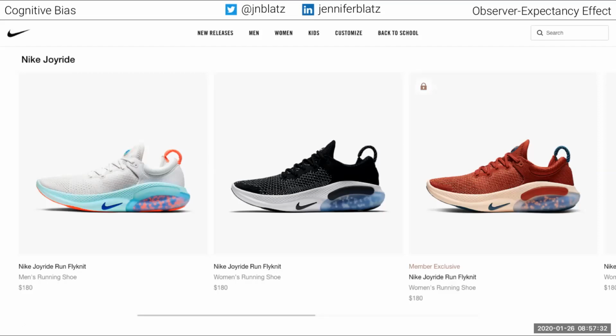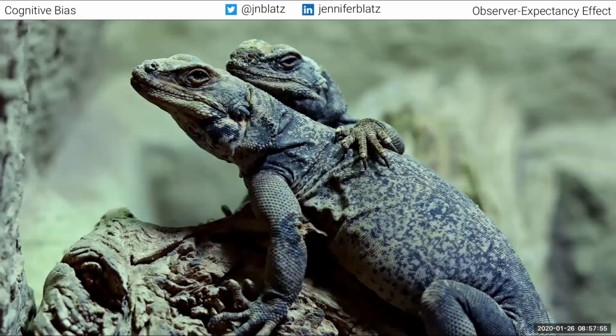Like I said before, if you can, get someone else to test your designs. Again, that other person is not emotionally invested and therefore is much less likely to react to feedback that's not in line with what the designer wants or expects. The major point I want you to take away when talking about the observer expectancy effect is to keep your body language and tone in check.